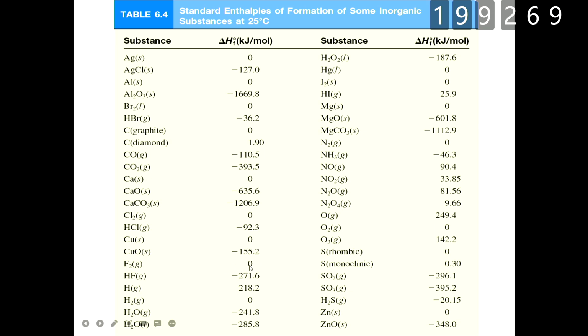Gaseous fluorine is 0. Hydrogen. H2 is very stable, right? But single hydrogen atoms are not stable. It is not the most stable form, so it has energy. But H2 is stable. So for elements, we say 0.